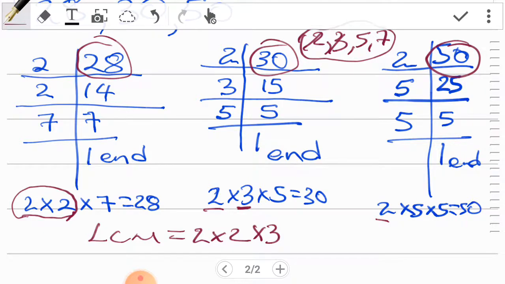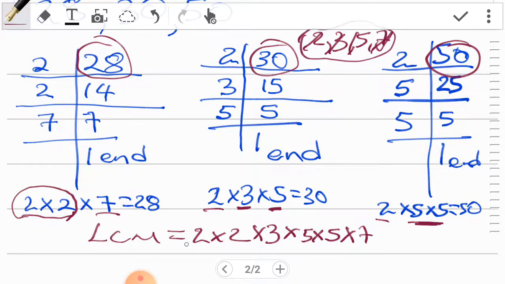The 5, we're seeing one 5 here and then two 5's here. So we're going to be using the one with the two 5's because it's more than the one. Lastly, the 7. We are only seeing one 7. No 7, no 7. So we have to use that one 7. So here it is.